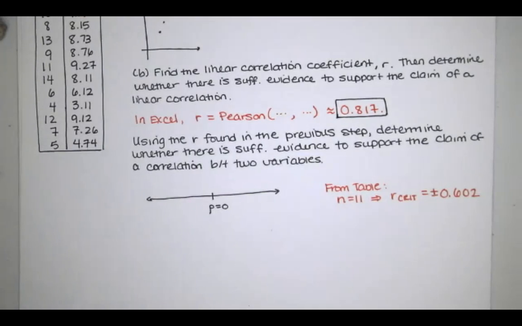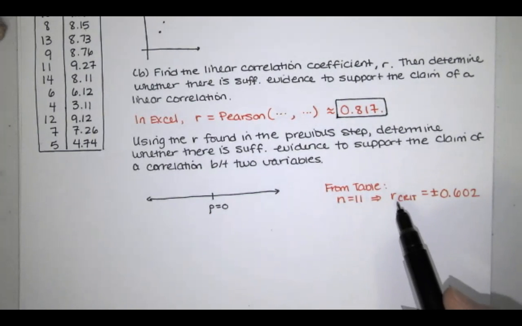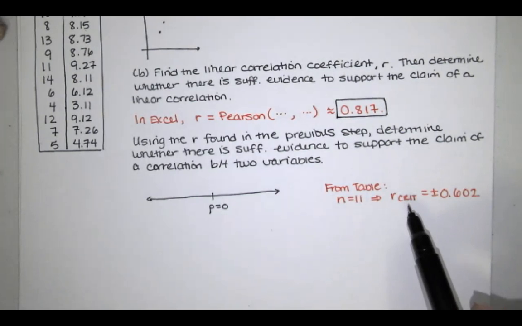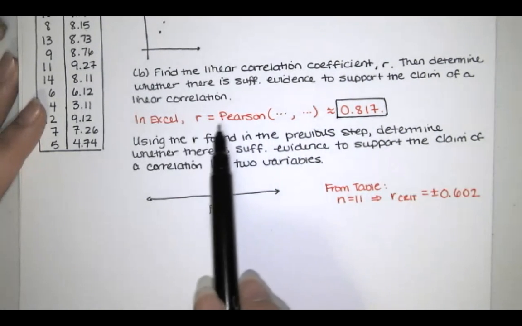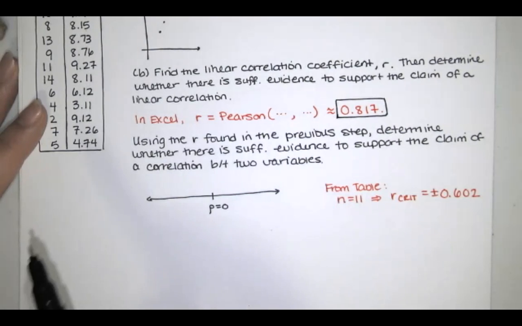Now, in order to make my final decision, I always like to graph an axis like this. And I like to list the critical values of our sample statistic R along with the test statistic R that we actually got using our sample data.